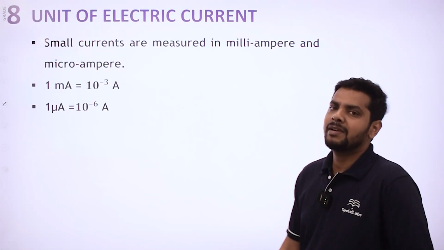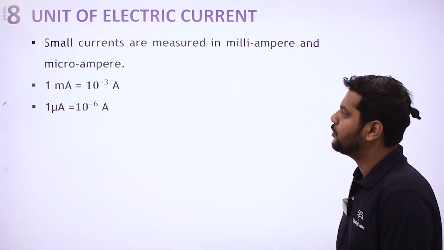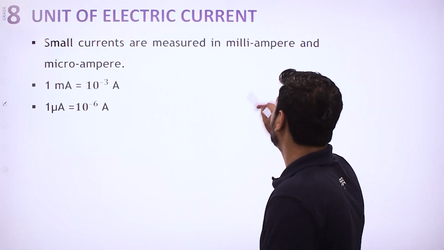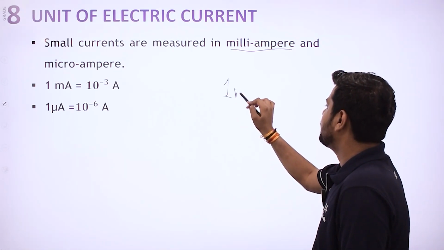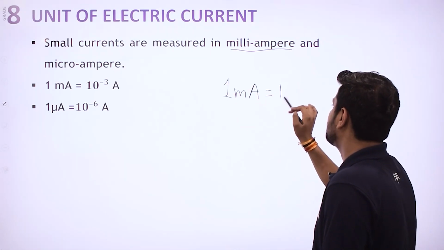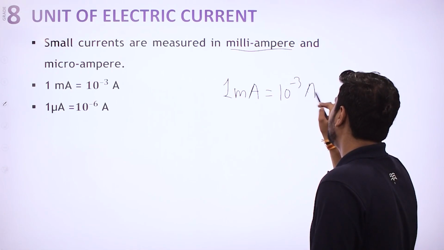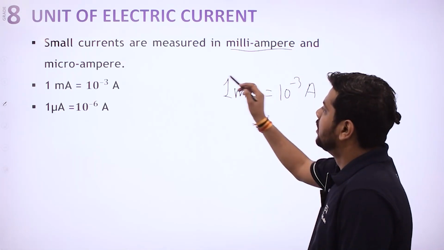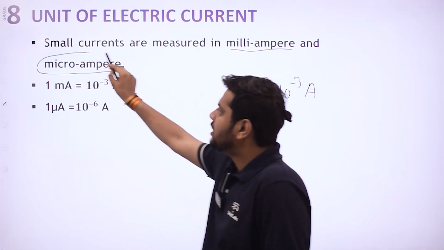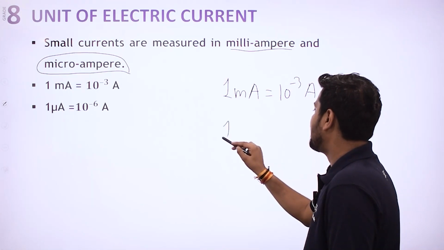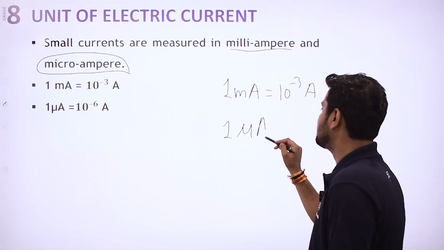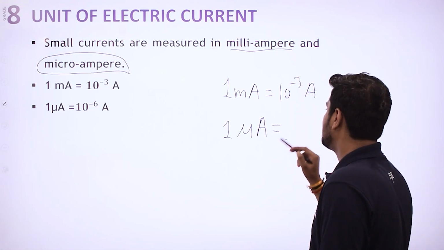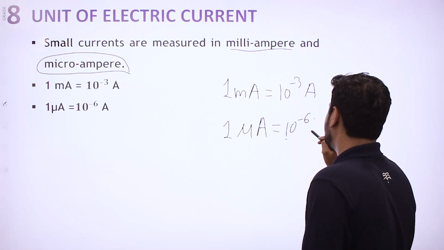So we have to remember some small units, and the first one you can see here is milliampere. 1 milliampere, students, is equal to 10 to the power minus 3 ampere. Apart from that, microampere is another smaller unit, and micro is represented by the sign mu. 1 microampere is equal to 10 to the power minus 6 ampere.